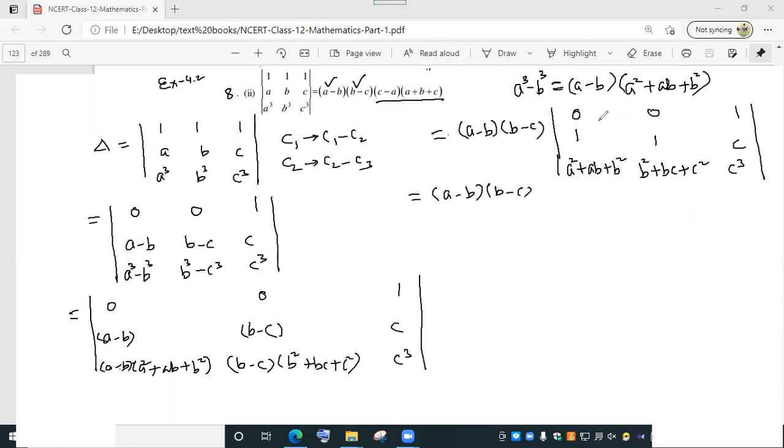As you have seen, two zeros are there, so only one term remains. After deleting its row and column, it multiplies with b square plus bc plus c square, minus a square minus ab minus b square.